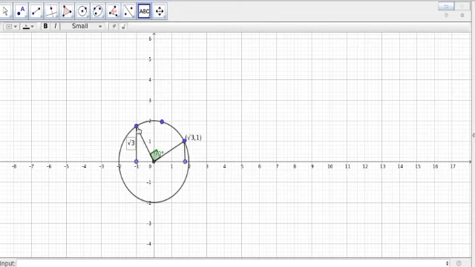So the coordinate of this point is -1, √3. Why is this x coordinate -1? Because this one is in the second quadrant. In the second quadrant we know that the x coordinates are negative and y coordinates are positive. So that is the end of the first exercise. Okay, thank you.